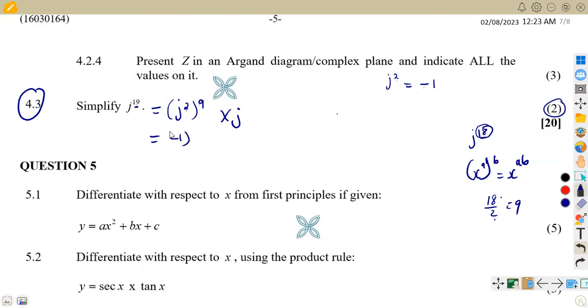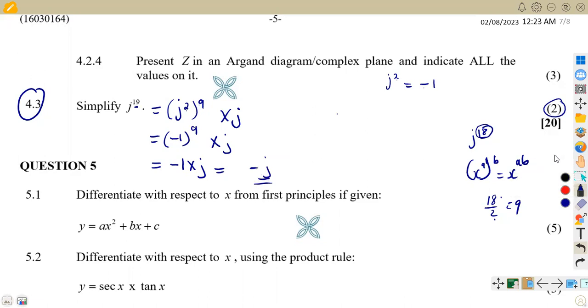So this is going to give us minus 1 to the exponent of 9 times j, where negative 1 to the exponent of 9, that's a negative to the exponent of an odd number, is going to be negative. So it's negative 1 times j, which is going to be negative j. And we can't simplify negative j further, so our answer is going to remain like that.